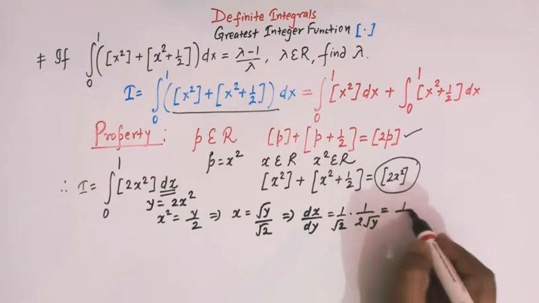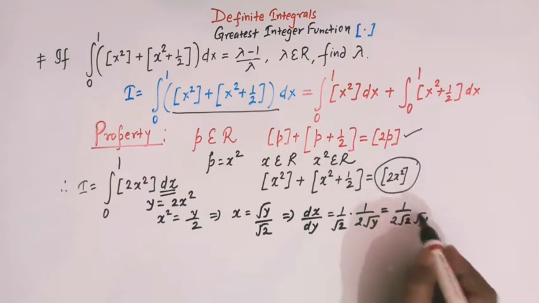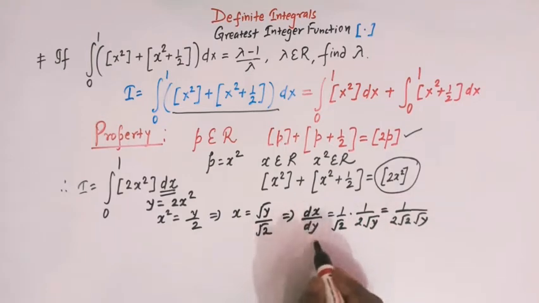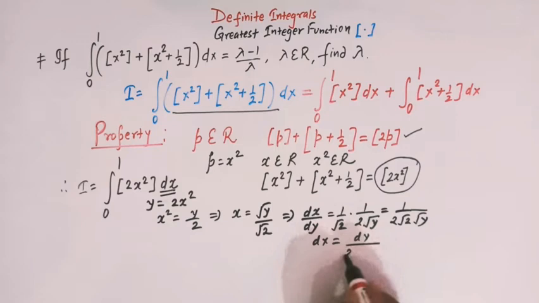So we have now 1 over 2 root 2 and square root of y. So now dx can be replaced by dy over 2 root 2 times square root of y.